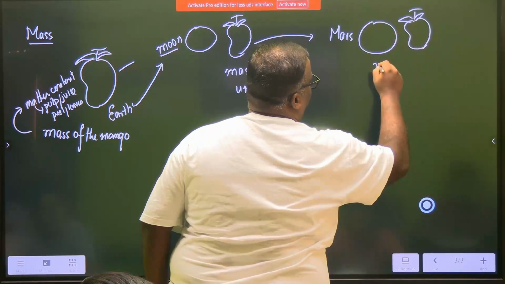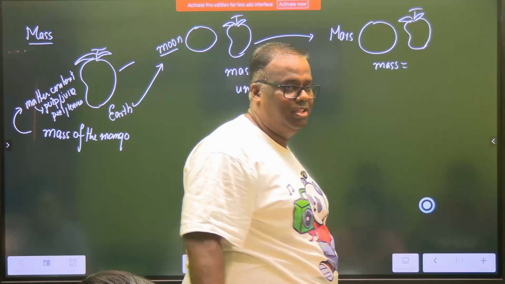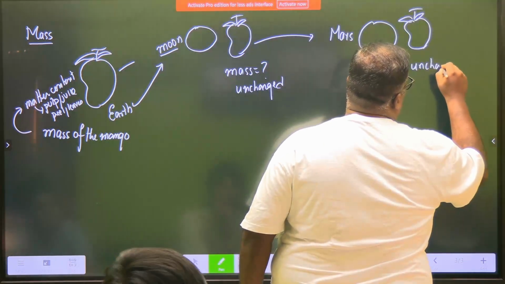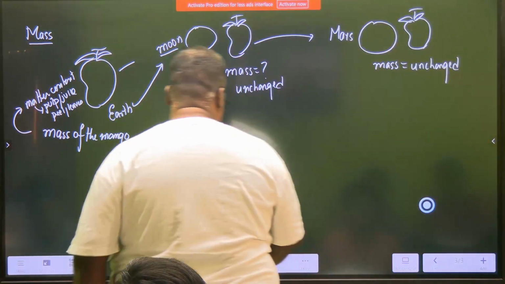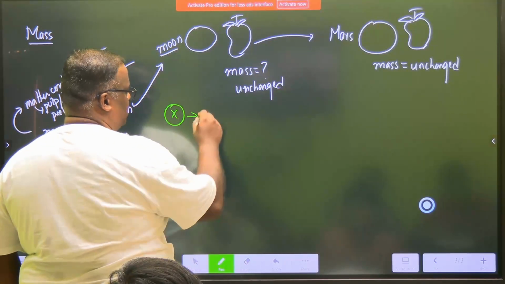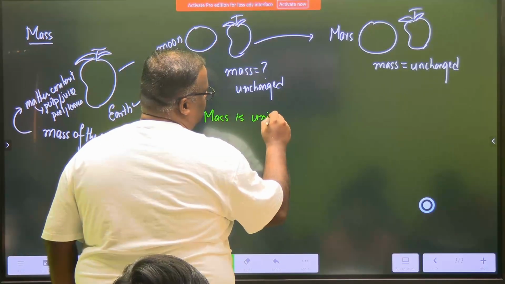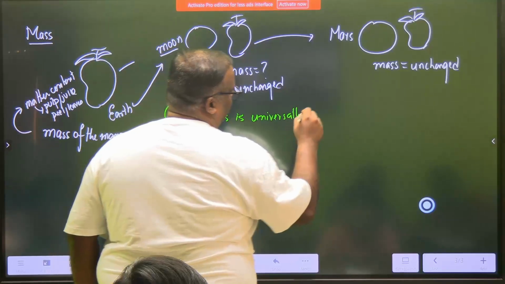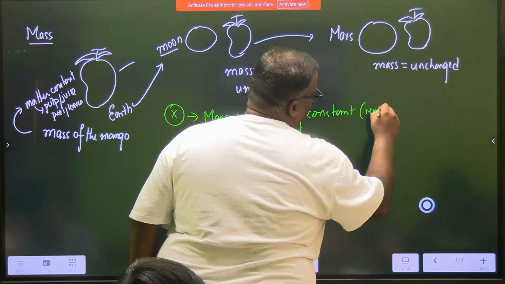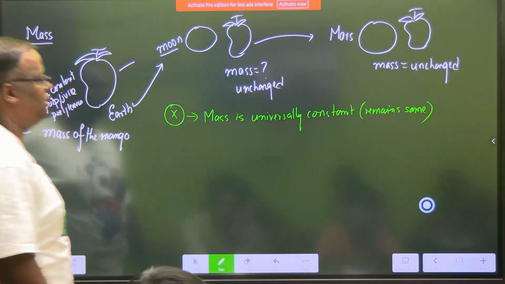Okay? इसका मास क्या होगा? मार्स में इसका मास क्या होगा? अनचेंज रहेगा, क्योंकि अभी भी इसको किसी ने खाया नहीं है, कुछ नहीं. तो यहां से हमें मिला वन ऑब्जर्वेशन, मास इज यूनिवर्सली कांस्टेंट. यानी इसका मतलब क्या है? Remains same. Mass is universally constant or remains same.